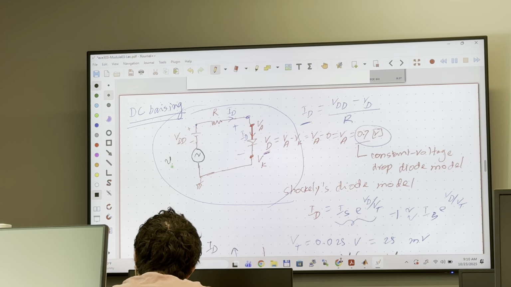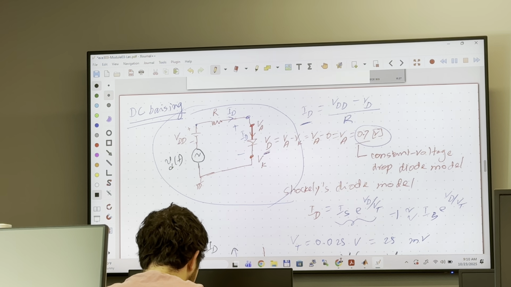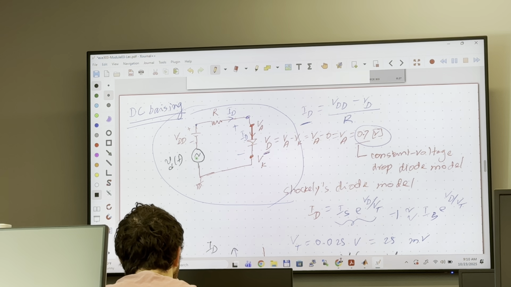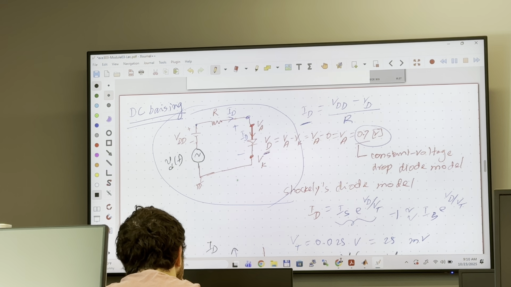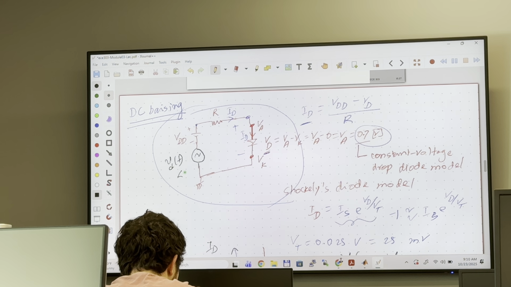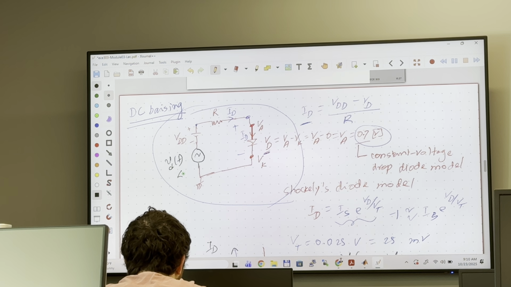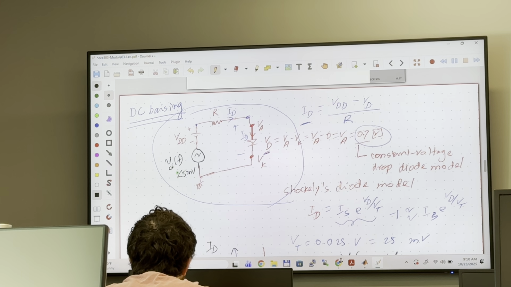We call it vd. We are superimposing a very, very small signal, and the magnitude of the amplitude has to be, what was the number? In our last class I mentioned, it is less than 5 millivolt. The magnitude of this vd is going to be less than 5 millivolt.